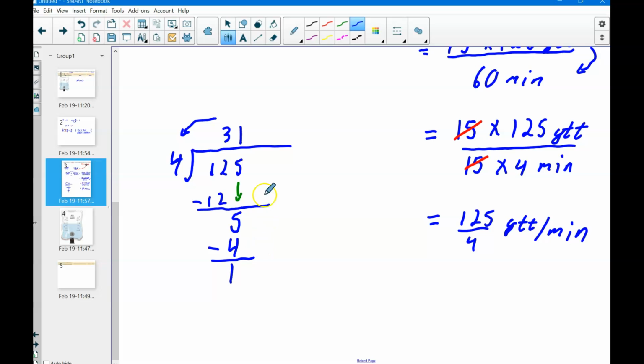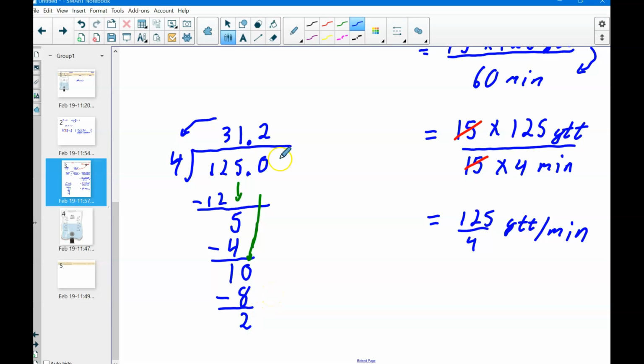And if we want to keep going, we put a decimal point here, remember? We put a decimal, we put a 0 in here. But the decimal goes up here as well. This 0 drops straight down and becomes 0 on the bottom, down here. And 4 will divide into 10 twice, which gives us 8. Subtracting, we get 2.